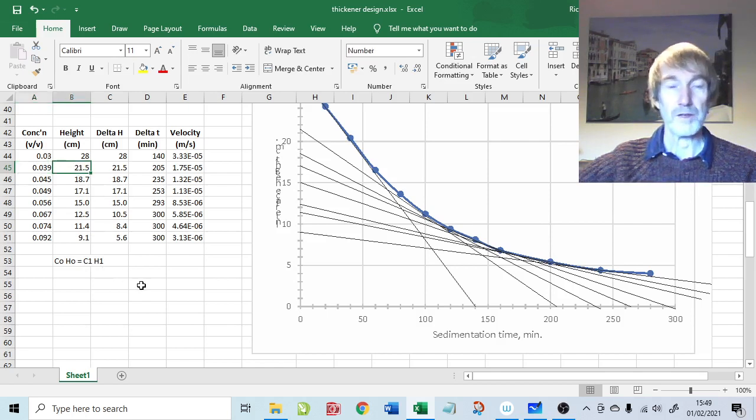So if you imagine a batch measuring cylinder settling from 28 centimeters with 3% by volume solids in it, that will have the same amount of solids as a 3.9% suspension settling from just 21.5 centimeters to start with. Okay, and that's what you would have here.